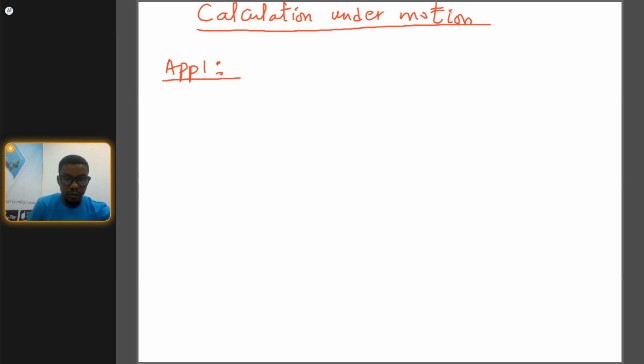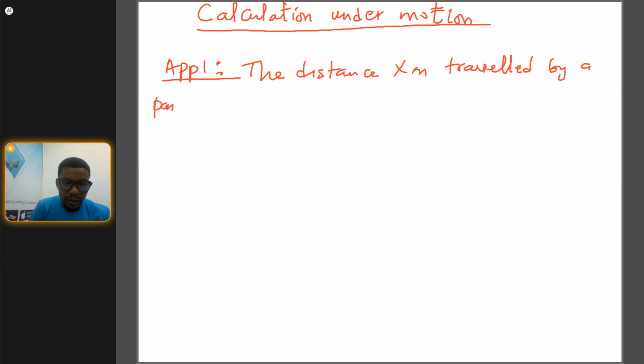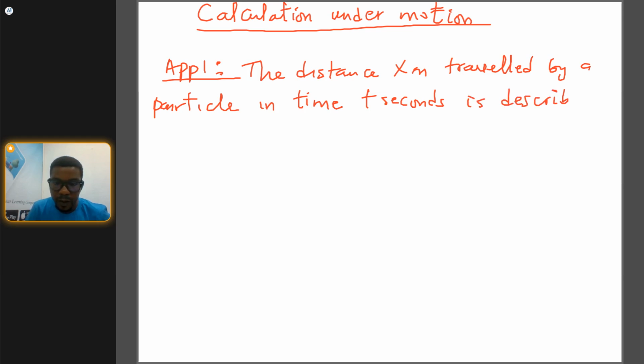All right, so let's consider this question. The distance x meters traveled by a particle in time t seconds is described by the equation x, which represents distance, equals 10 plus 12t squared.